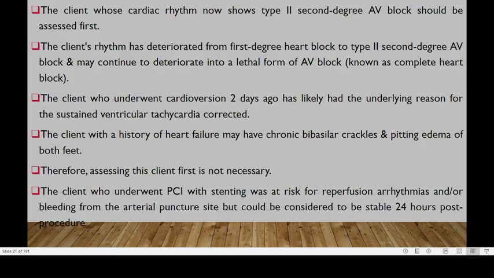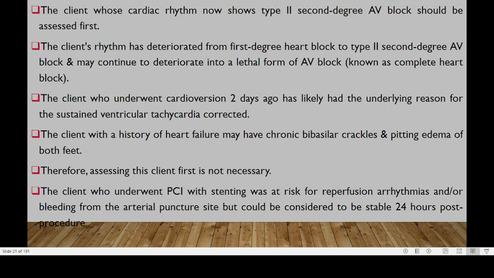The client's rhythm has deteriorated from first degree block to type 2 second degree AV block and may continue to deteriorate into a lethal form of AV block known as complete heart block. The client who underwent cardioversion 2 days ago has likely had the underlying reason for the sustained ventricular tachycardia corrected.